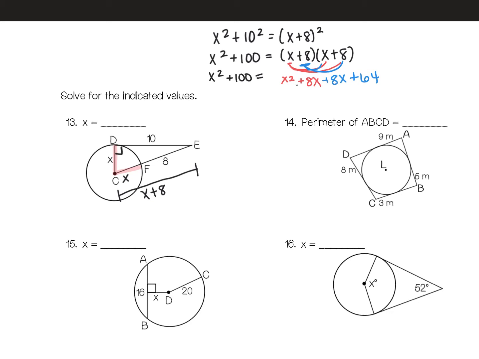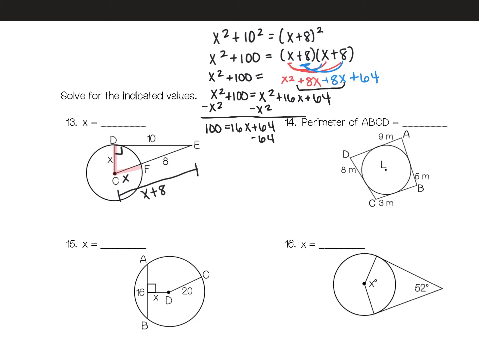I can combine my like terms. And then subtract x squared from both sides. So I get 100 equals 16x plus 64.